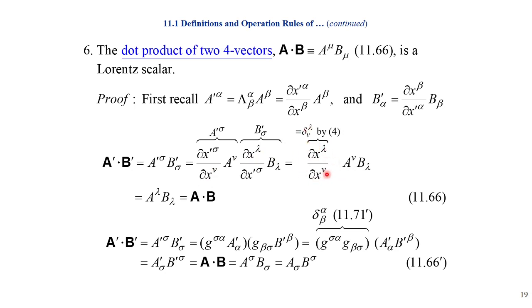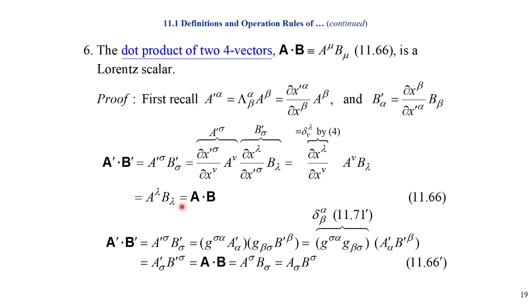Only when mu equals lambda, we got a value. So we have A lambda times B lambda. At the beginning it is the prime system, but now it is unprime. So A prime dot B prime becomes A dot B unprime.